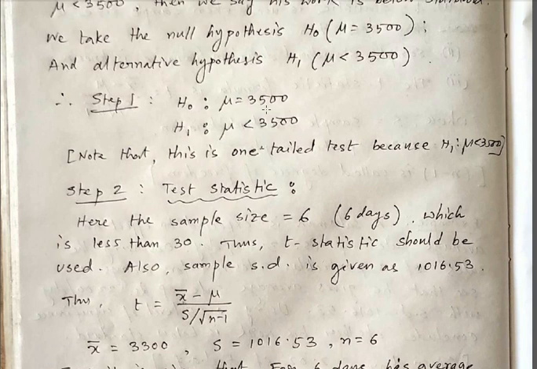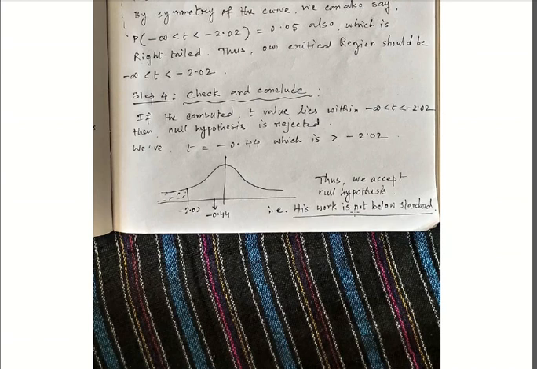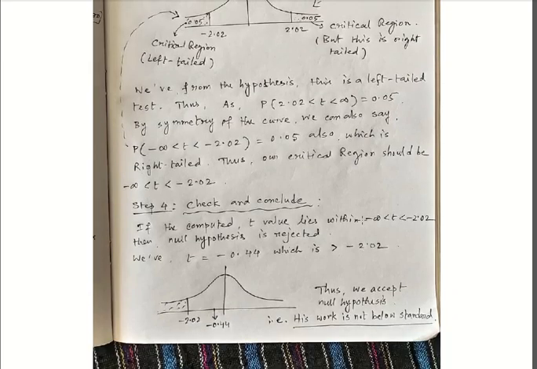And mu less than 3500 is the alternative hypothesis, so it is below standard. Since we accept this null hypothesis and reject H1, since we are accepting H0, mu equal to 3500, we can say that his work is not below standard. Okay, and this is all about it. Thank you for watching the video.